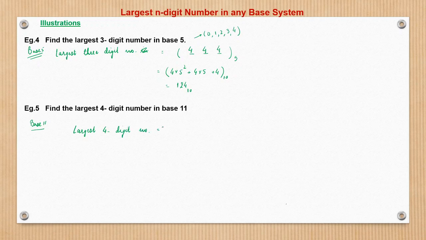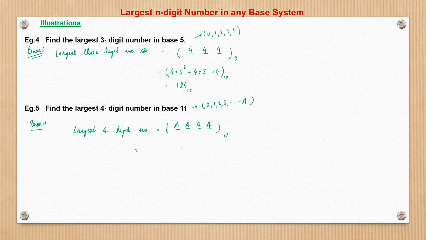We know in base 11 the permissible digits are 0, 1, 2, 3, and so on till a, where a has a value equivalent to 10. So the largest four-digit number in base 11 would be nothing but a in all the places, for the number to be largest, right?